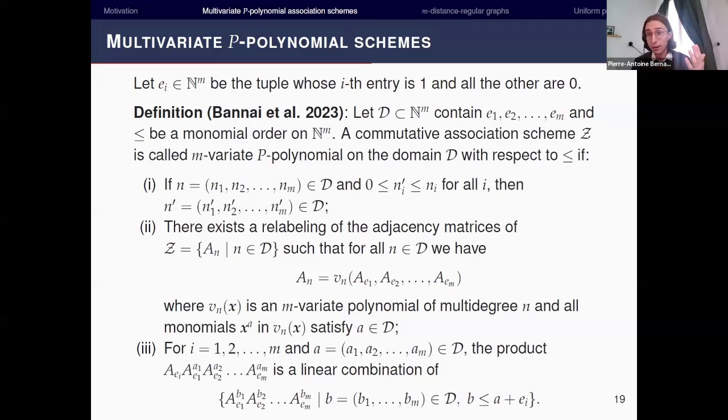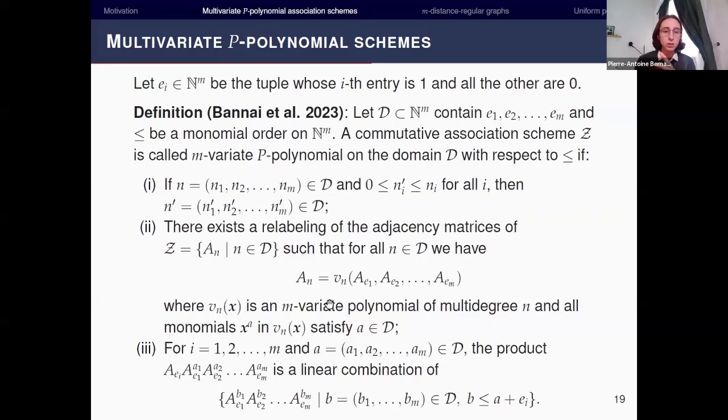This is never a problem in one dimension, simply because if you look at the monomial A^{n+1} in an association scheme of degree n, you know that A^{n+1} can be rewritten in terms of all the powers of A up to n, and all these monomials are smaller than n plus 1. But when you look at a domain in higher dimension, this type of thing is not guaranteed anymore.